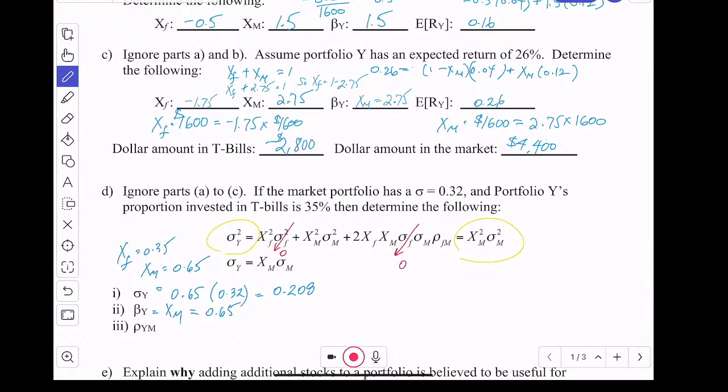And then because the volatility of the returns in the new portfolio only depends on the volatility of the market portfolio and the proportion of the market portfolio, the correlation between returns on the market portfolio and the new portfolio is just 1.